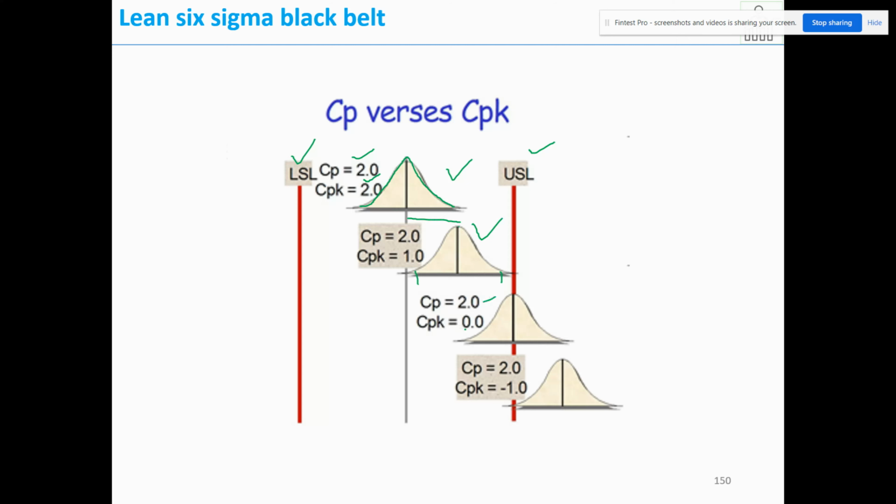Here CP is 2, CPK is 0. That means you have lesser variation, but you're totally away from the drawing mean. Here CP is 2, CPK is minus 1. That means your variation is less, but you're very away from the drawing mean. So this is just an example of graphical representation of CP-CPK.